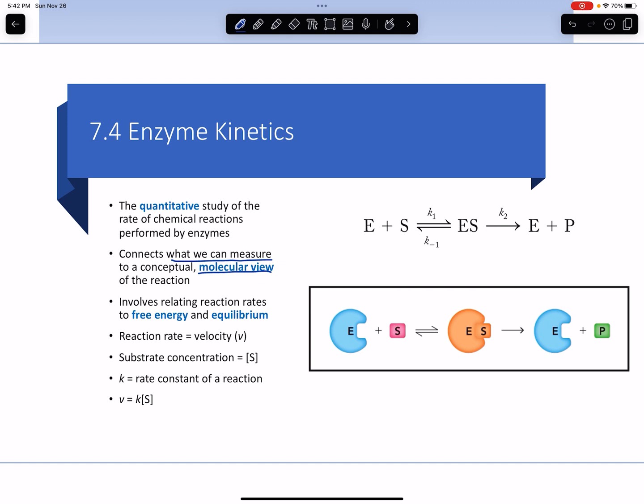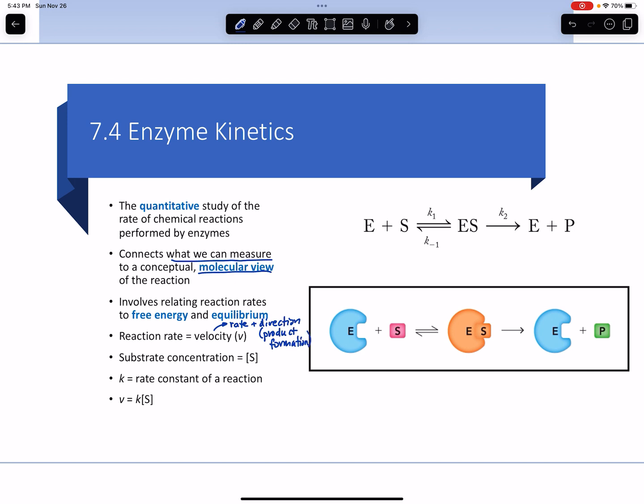And we're going to use terms like velocity. If you study physics, you know that velocities have both a speed and a direction. So when we talk about a velocity in an enzyme catalyzed reaction, we're talking about the rate and the direction. In this case, the direction is product formation.